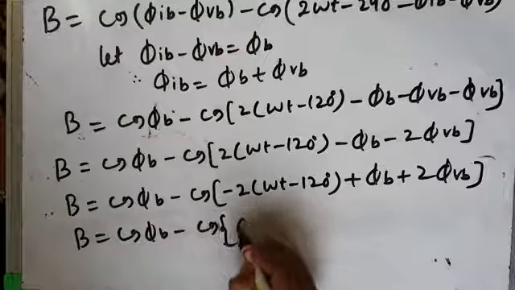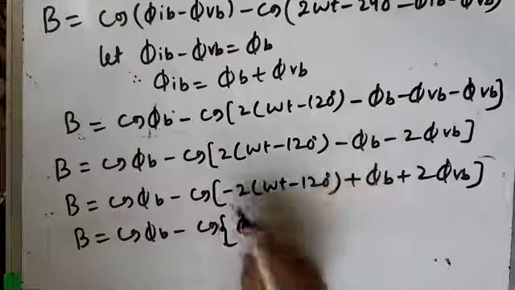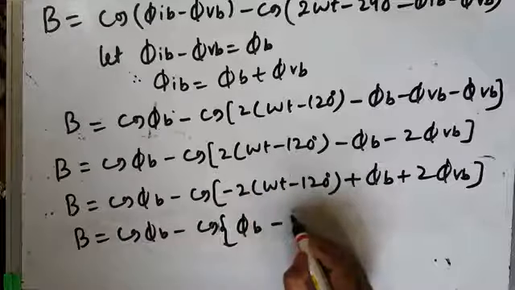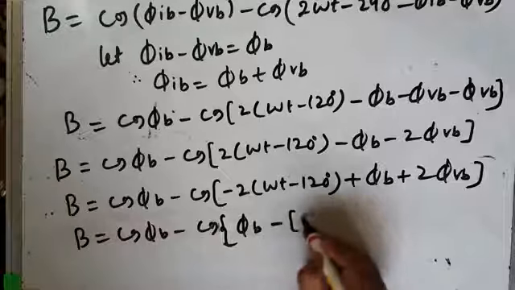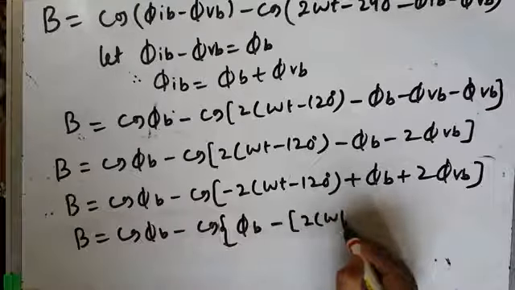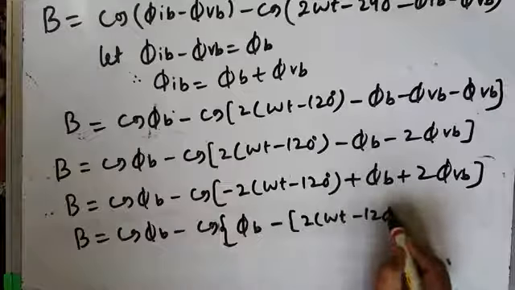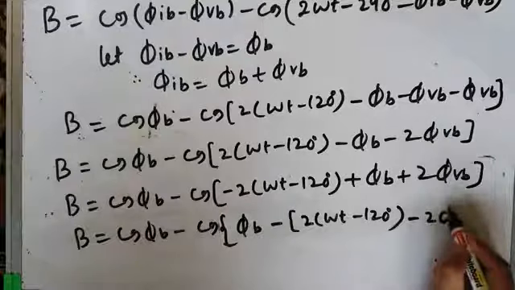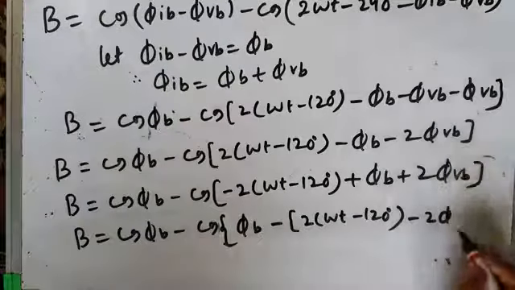I will write phi b. Okay, then minus this thing, 2 of omega t minus 120 degrees minus 2 phi vb.